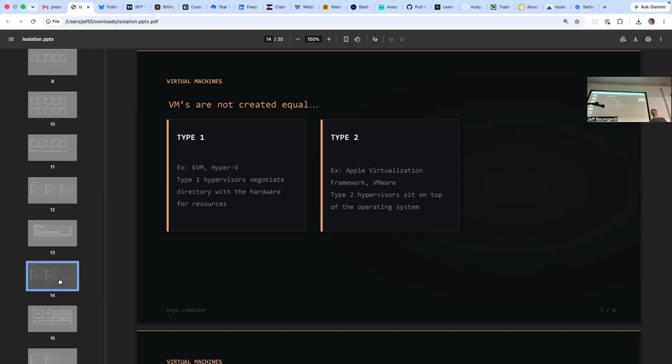It's great, it's fast, it does sit on top of the operating system in something we call user space. So user space has its own set of privileges and its own problems. Typically, these are going to be a little bit slower and more complex than a type 1 hypervisor.